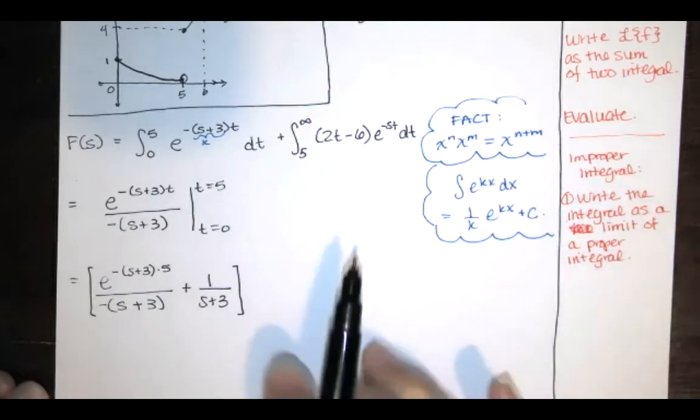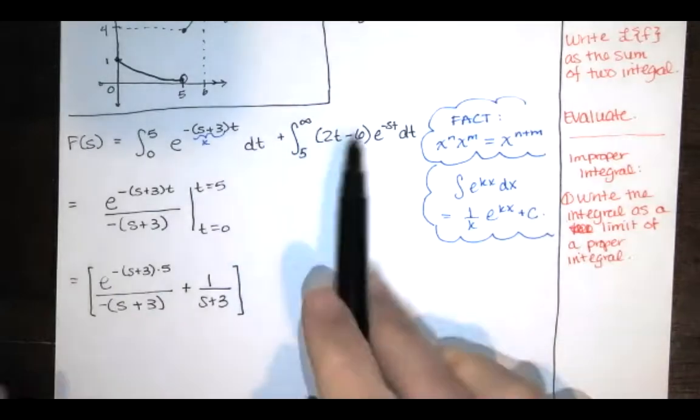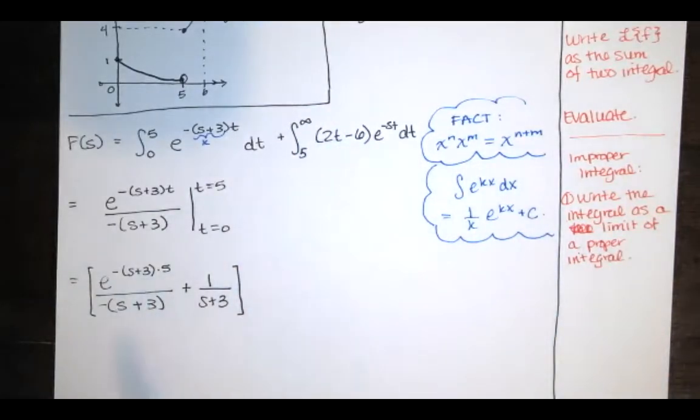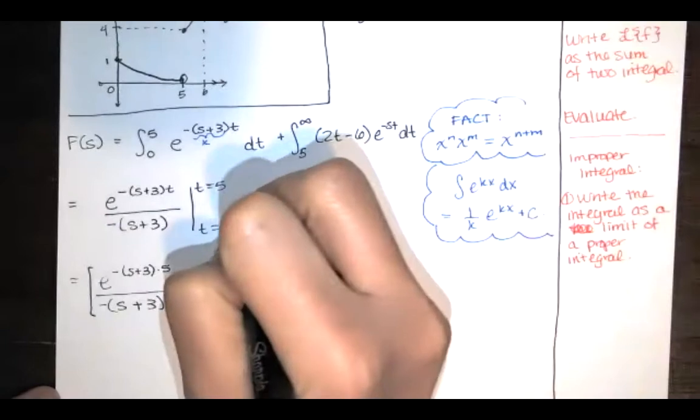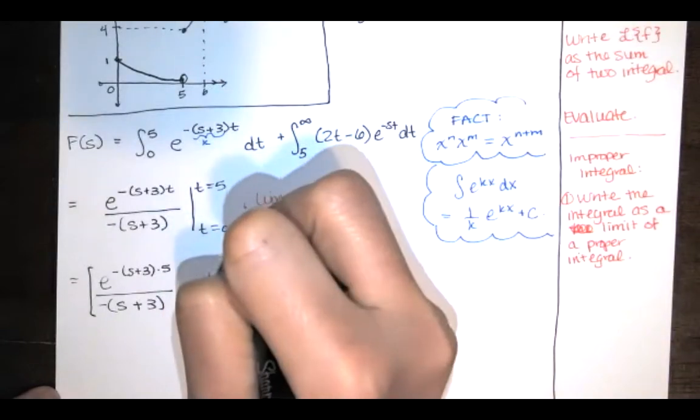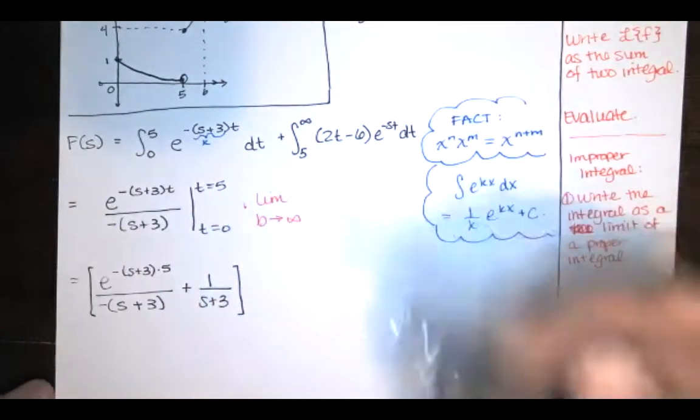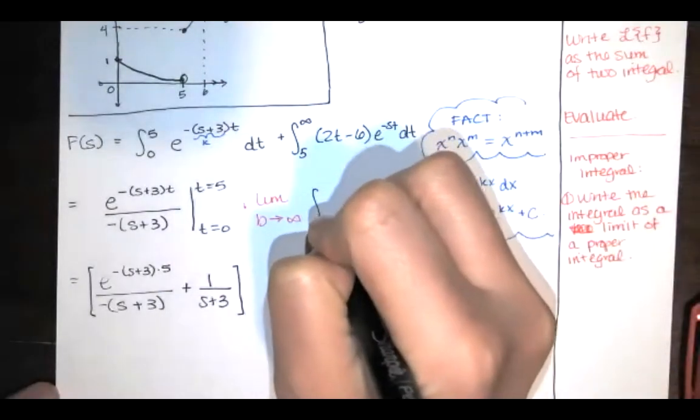Because right now, the domain is unbounded. T is just going off to infinity. And instead of doing that, we want to bound that domain. We want to evaluate the integral from 5 to b.